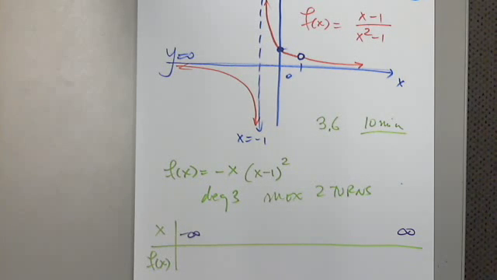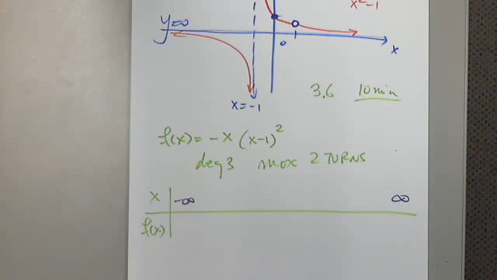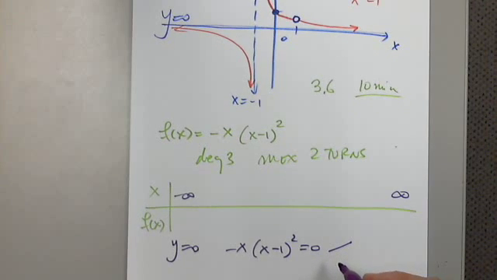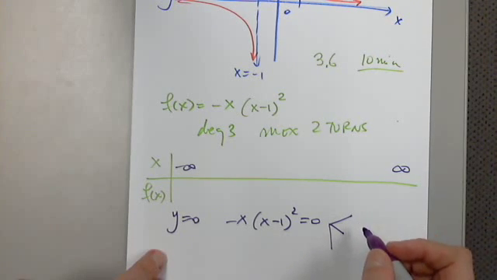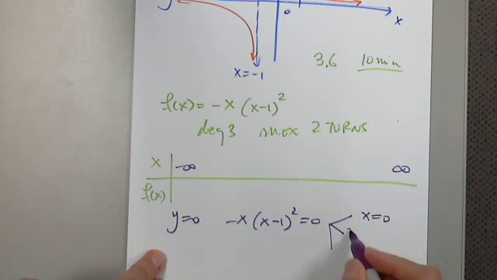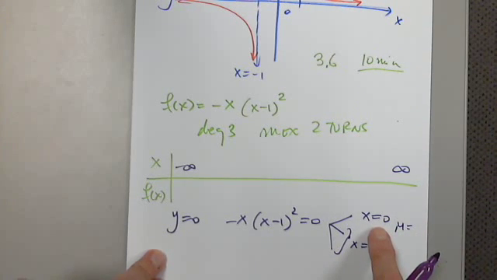Okay. Good. So x-intercepts, please. So y equals 0, or negative x times (x minus 1) squared equals 0. And you're going to give how many? Indeed, 3. Degree 3, 3 solutions. So what is the multiplicity of solution 0?